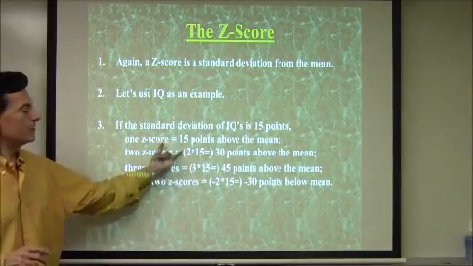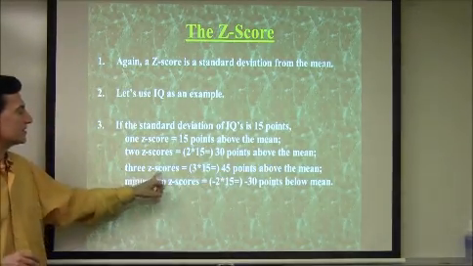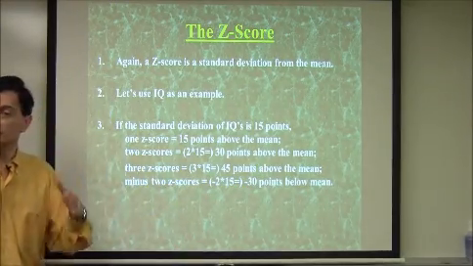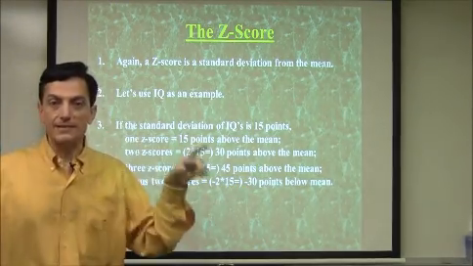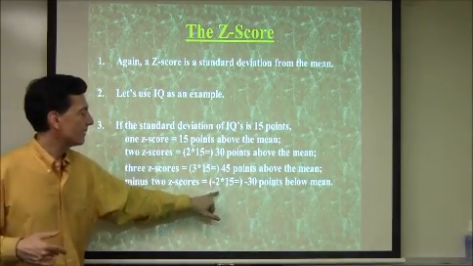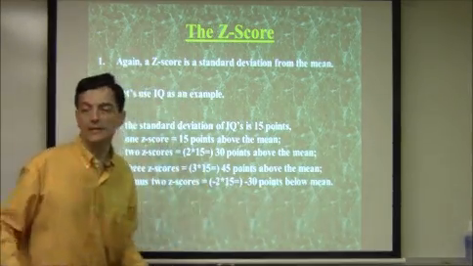Two z-scores would be 2 times 15, or 30 points. 3 z-scores would be 3 times 15, or 45 points. You can have negative z-scores because half of the scores in any given Gaussian distribution are lower than the mean. So if we have minus 2 z-scores, we would take minus 2 times 15, or minus 30 points, which is to say below the mean.